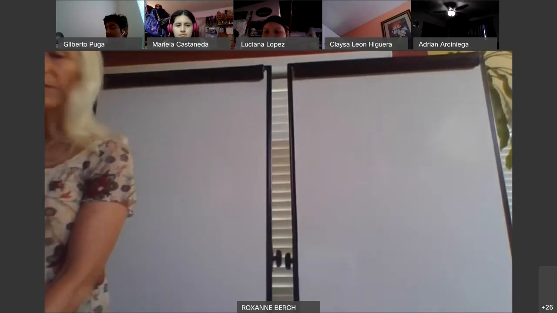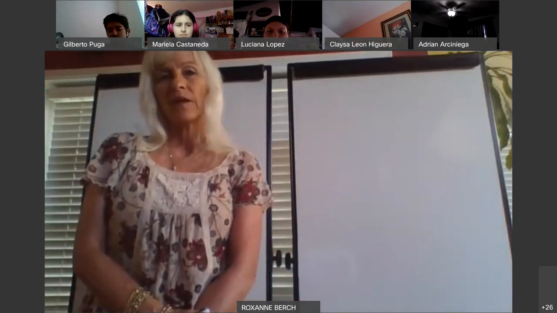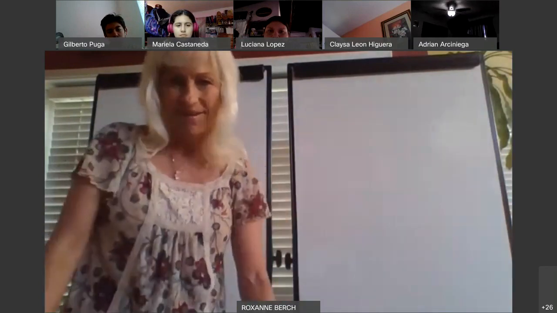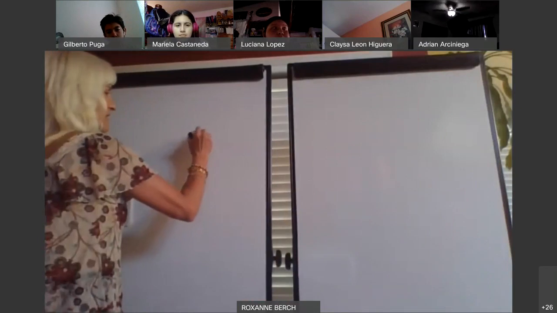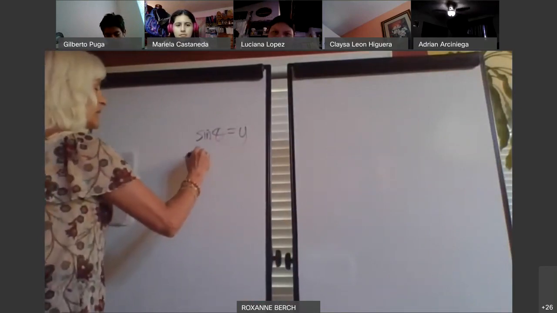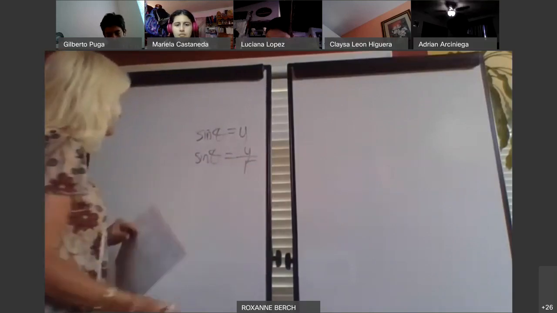So one thing that sometimes confuses students with the trig is there's different definitions for the same thing. For example, I just showed you that sine is equal to y, but now I'm going to show you that sine is equal to y over r.